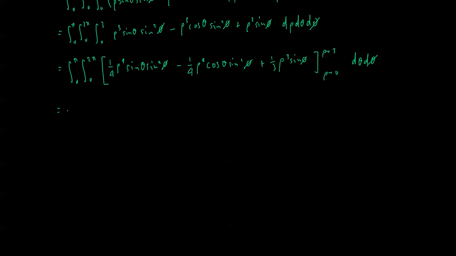If you think this is complicated, try the other way. I apologize if this is getting complicated, but we just have to be methodical. So 3 to the 4 is 81, giving 81 on 4 sine theta sine squared phi, minus 81 on 4 cos theta sine squared phi, plus 3 cubed is 27, on 3 is 9 sine phi. The zeros just give me 0.